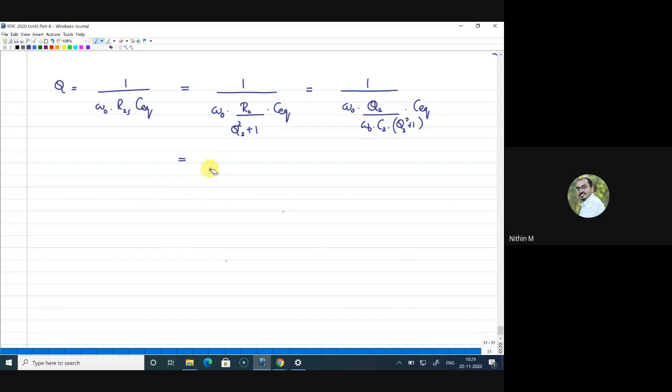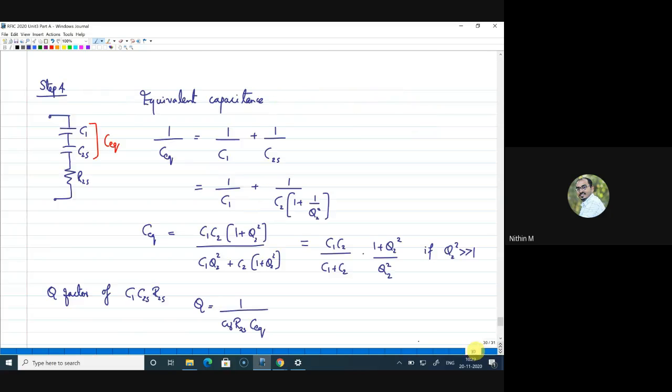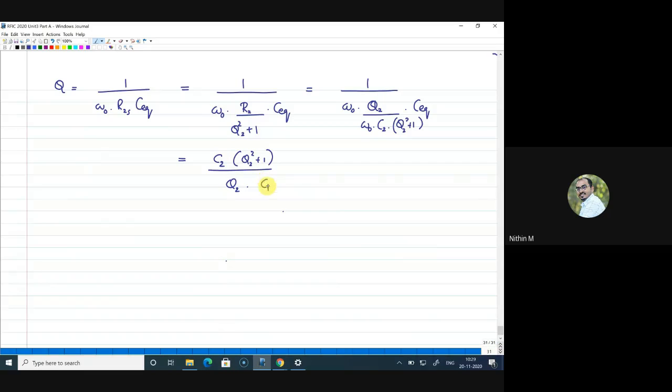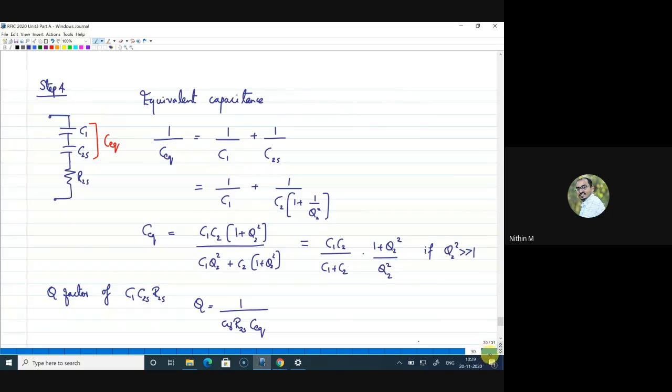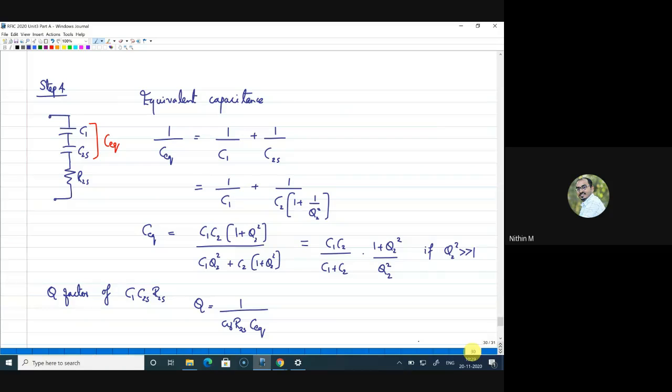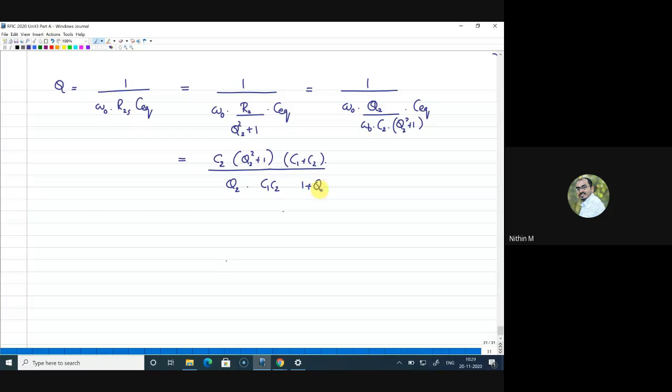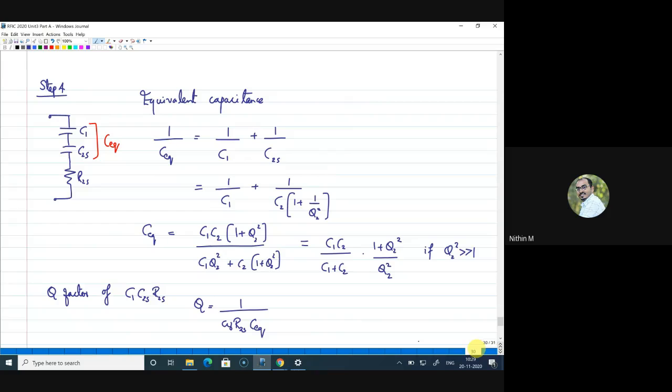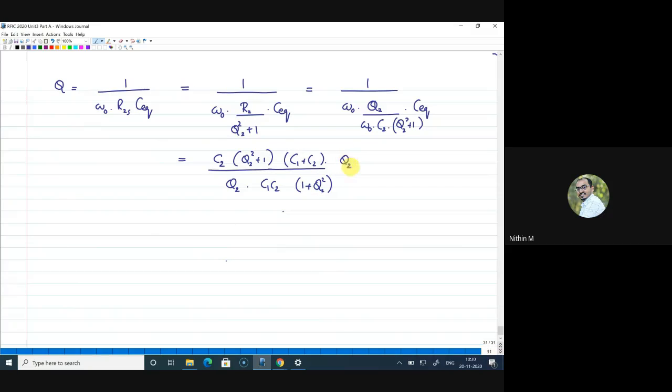So let me write this: omega naught is not there, C2 into Q2 square plus 1 divided by Q2 into, let me bring in the C equivalent term here, which is C1 C2 divided by C1 plus C2, then 1 plus Q2 square into Q2 square, right?